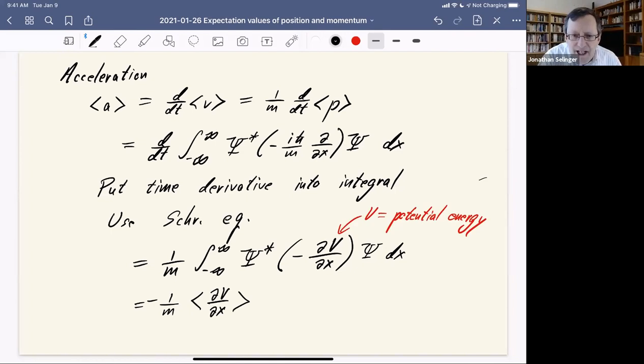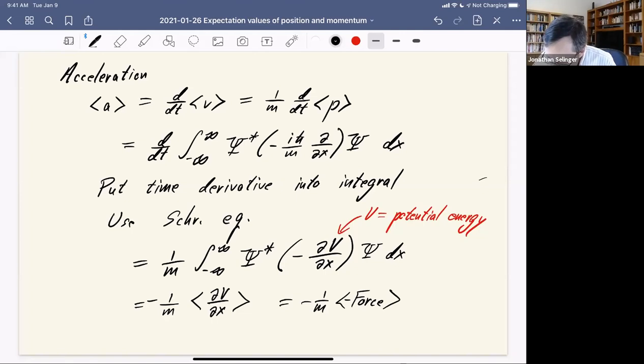In classical mechanics, can anybody tell me what is the derivative of the potential energy with respect to x? Negative force. Yes, exactly. So this is minus 1 over mass times, well, negative force, okay?